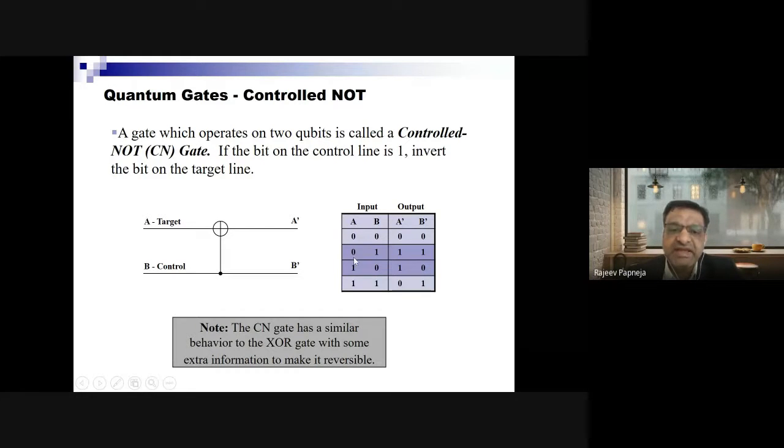If you see A is 0 and B is 1, B is the control line, and what we say is, if the bit on the control line is 1, then it will flip the bit on the target line. So because B is 1, it will flip the 0 of A to 1. This is the second row that we are talking about. Third row, B is 0, so it is not flipping the A bit.